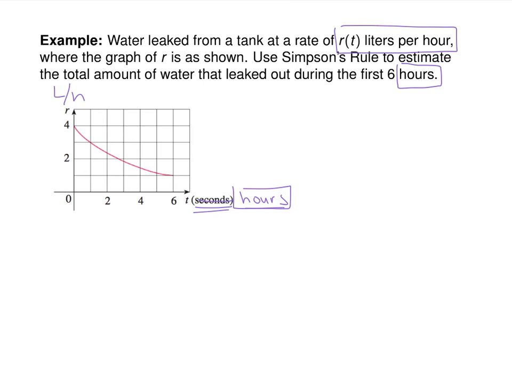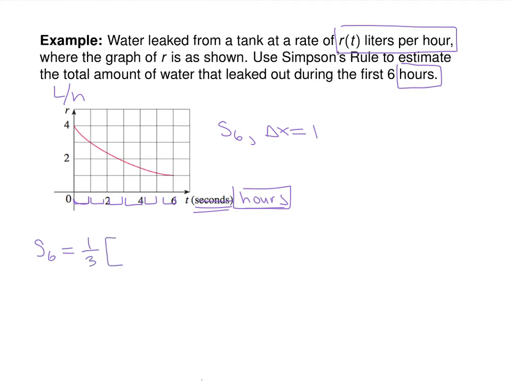And so we are going to find this assuming that delta x is equal to 1. So that's 1 chunk, 2 chunks, 3 chunks, 4 chunks, 5 chunks, 6 chunks. So 6 subintervals. So we're going to assume S sub 6, delta x equals 1. So S sub 6 will equal 1 over 3.